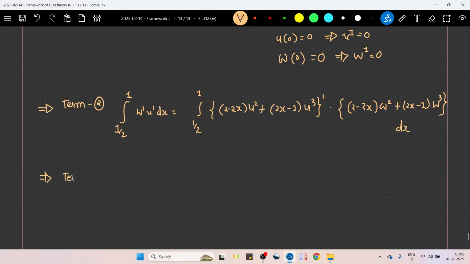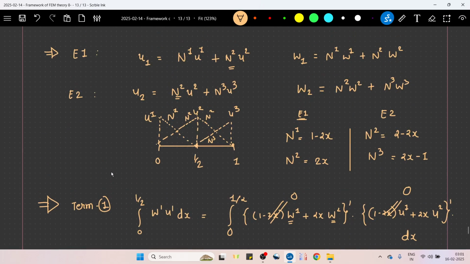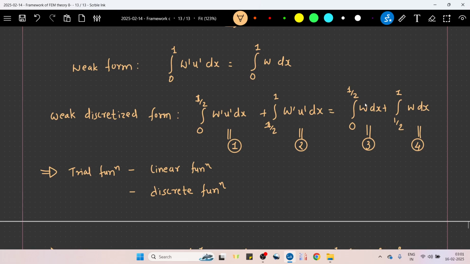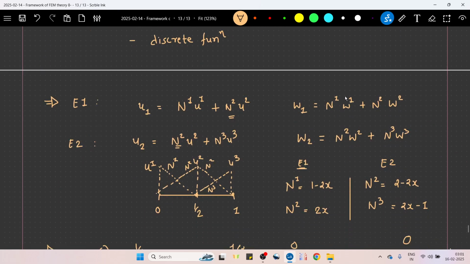Term 3, which is the integral of w dx over the first element.